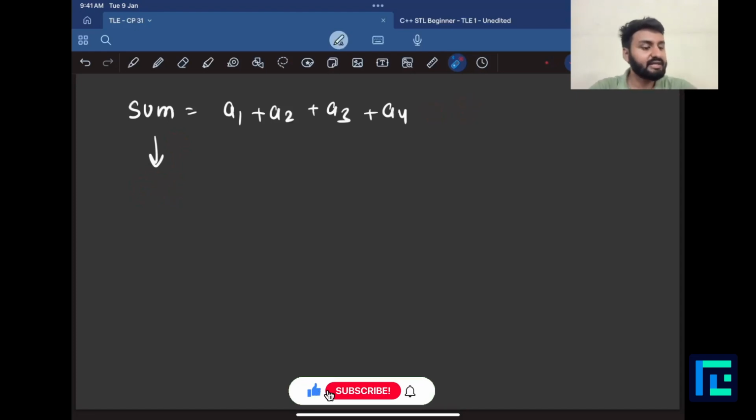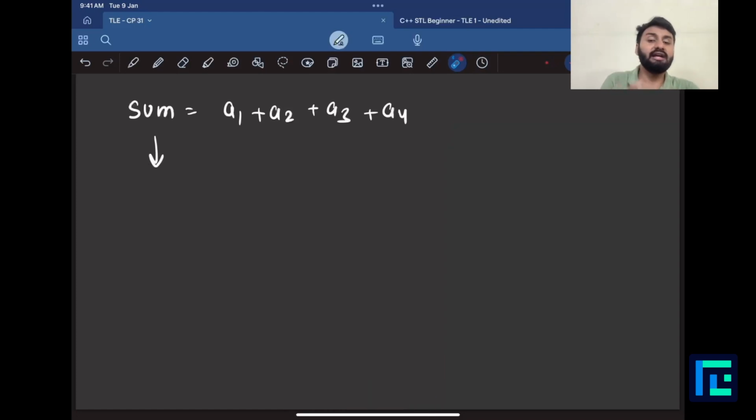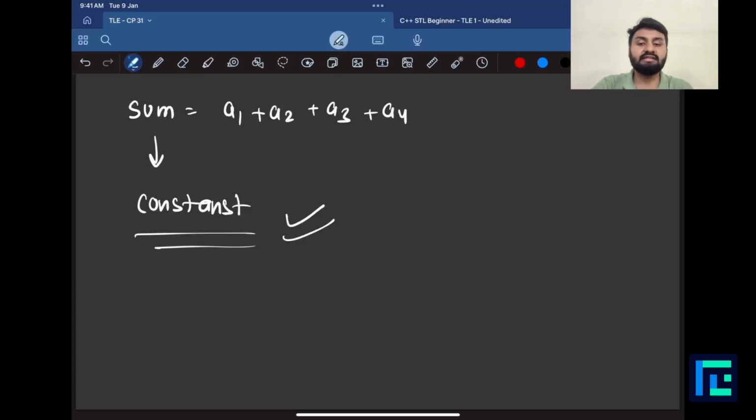If somebody scores, this value would have gone to V plus 1, but the other opponent's efficiency decreased, so it came back down to V minus 1 from V plus 1, which brings it back to V. So this sum value is a constant. This is a very, very important point. And since this is a constant, can I not solve for this? Of course I can.